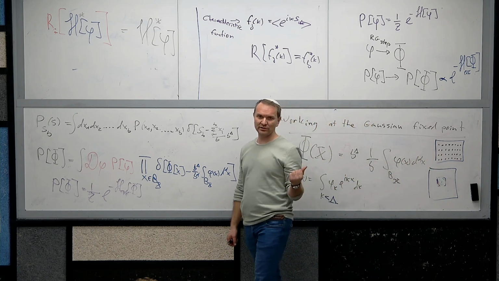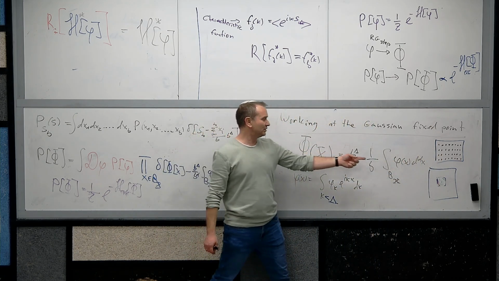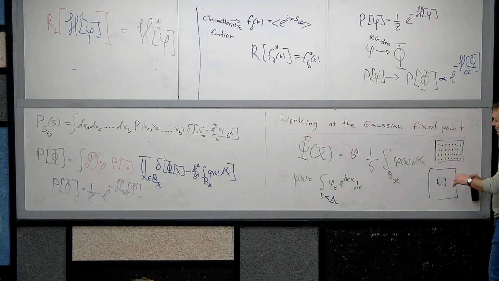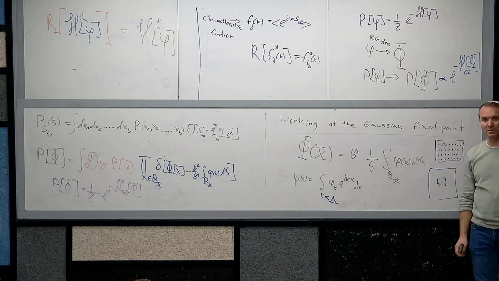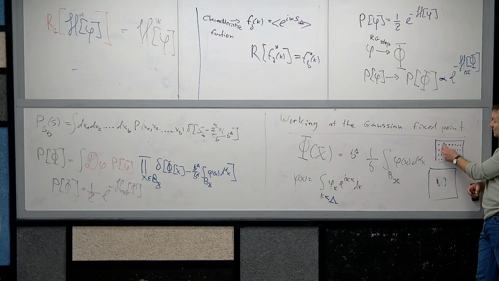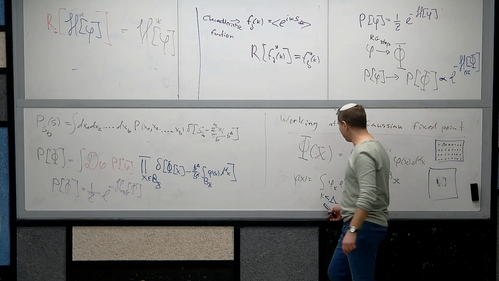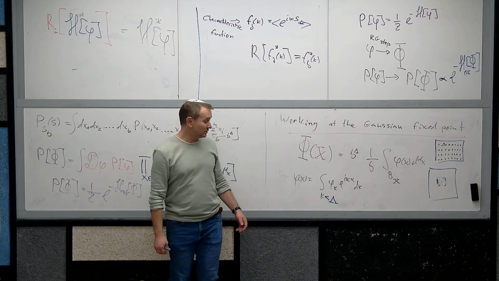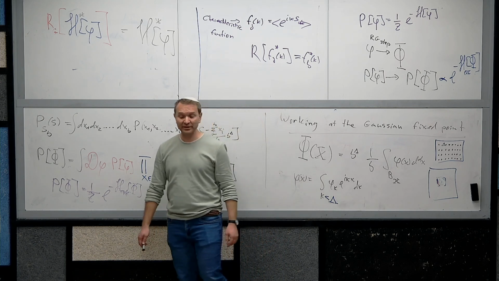The same happens over here. Since the field was taken as a continuous limit of this lattice, but this lattice has a specific minimal distance a, any information about the delta x's that are smaller than a is meaningless, because nothing actually sits over here. There are no masses, no particles, nothing. This means that k has to be smaller than 1 over a. So I have an upper cutoff of lambda in my description.